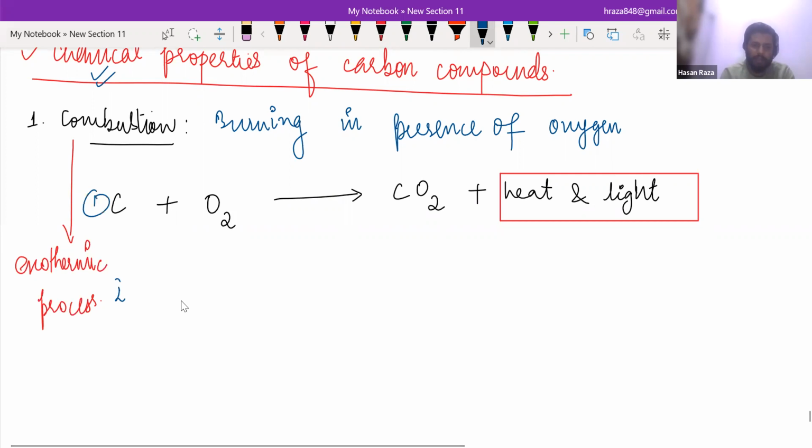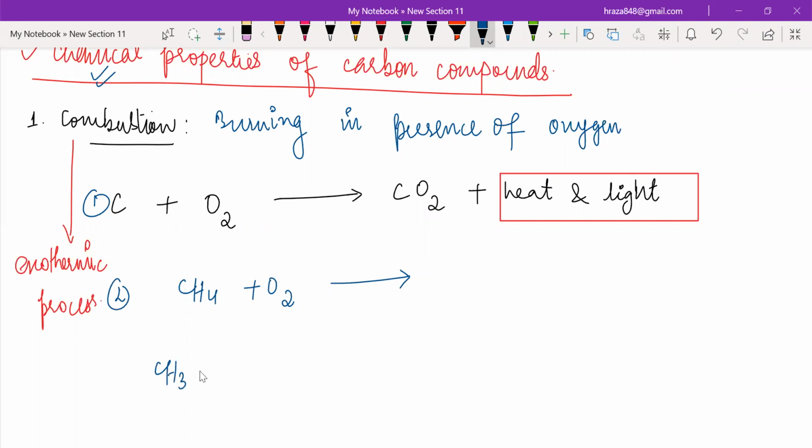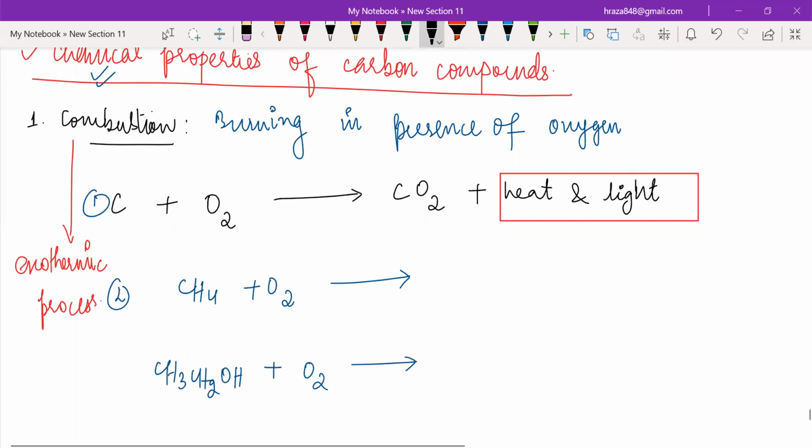The second reaction of combustion is basically, see, this is very important. You know what is hydrocarbon? Hydrogen and carbon together.